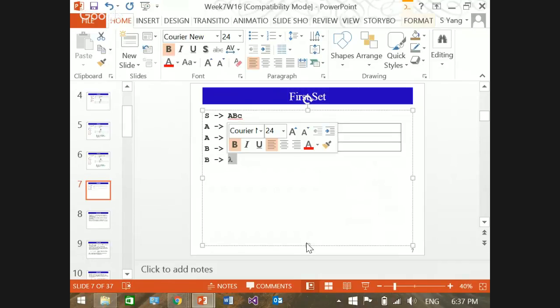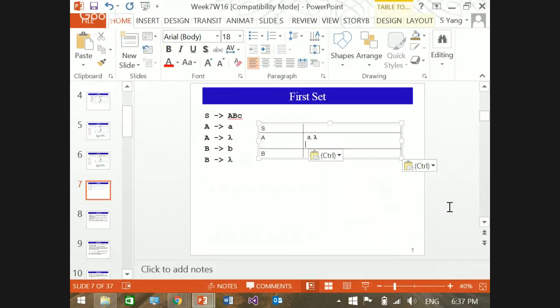Okay, so A's first set, remember this, that first column. A's first set is little a, lambda. B's first set is little b and lambda.